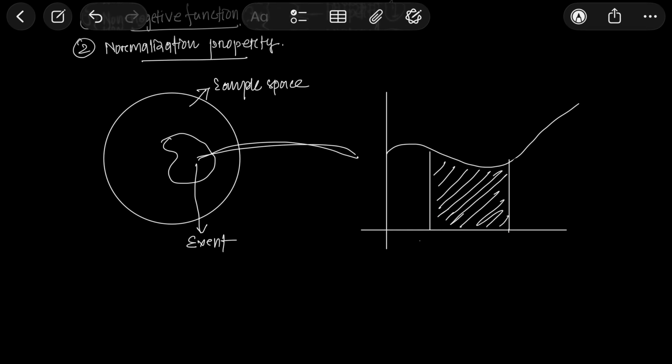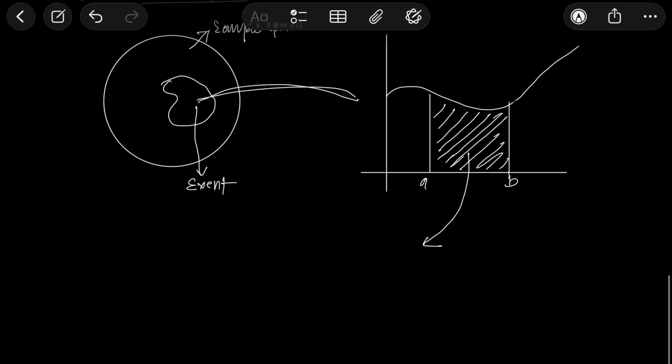Suppose this point is A and this point is B, then the area under the curve will be the integration from A to B of f of x dx.